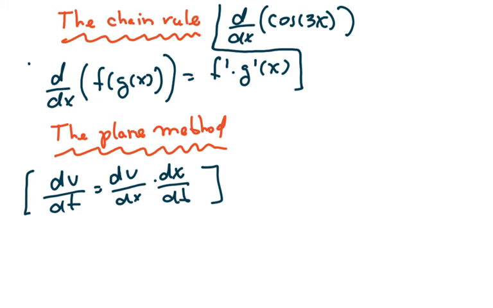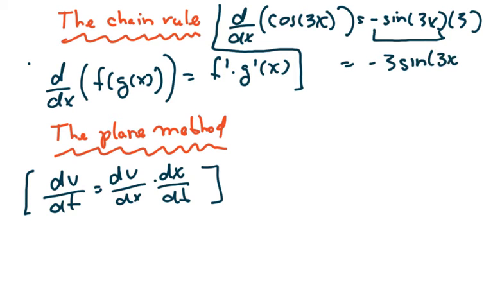This is going to be equal to negative sine 3x. This is the outer function, the trigonometric part, but we are not done yet because we have to take the derivative of the inner one, which is 3x. Thereby we have 3, and using the chain rule, we have negative 3 sine of 3x.